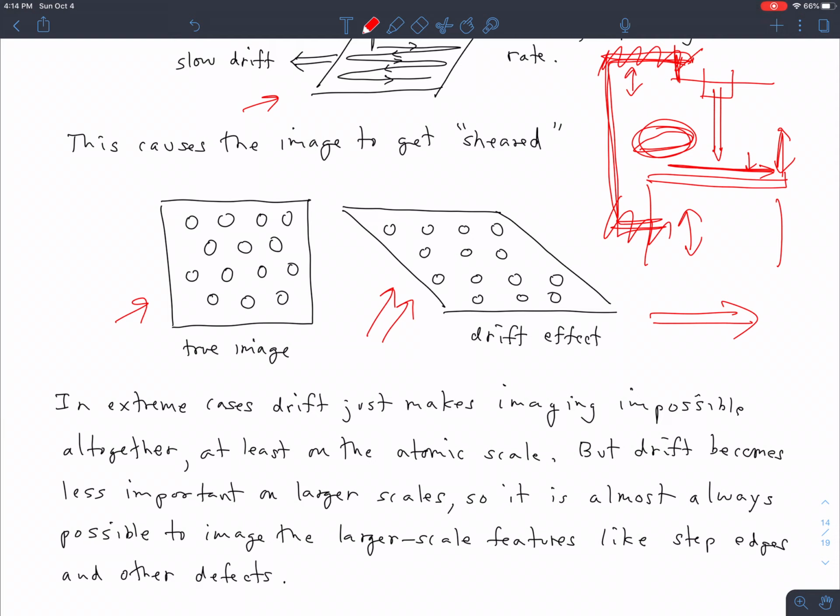We won't do any of that kind of stuff. That's too complicated for our current purposes. Or you can try to control the temperature, which people do. That's probably the better thing to do. But we'll be fighting with this thermal drift when we take our images because we just don't have that type of controlled environment.